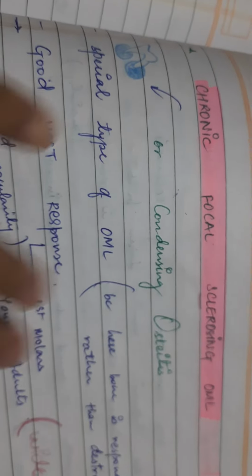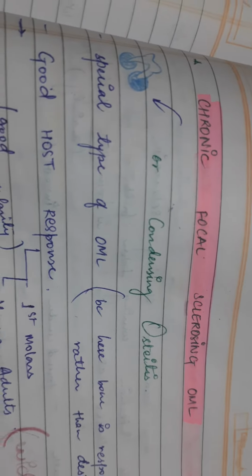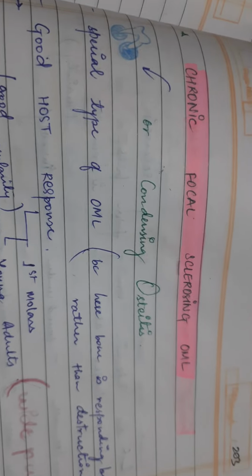Now, suppurative type, non-suppurative type. In the suppurative type we have completed acute and chronic. Now chronic focal sclerosing osteomyelitis, also called condensing osteitis.